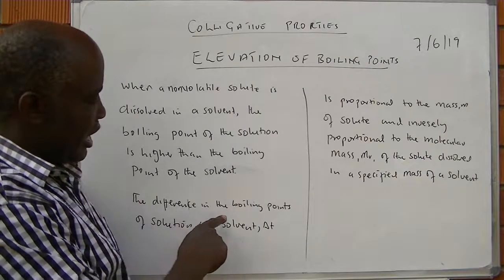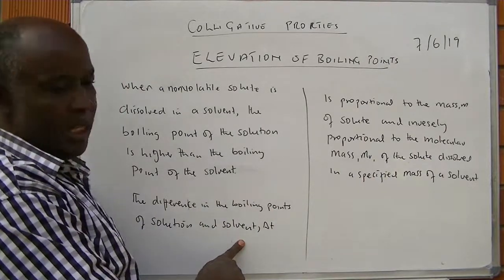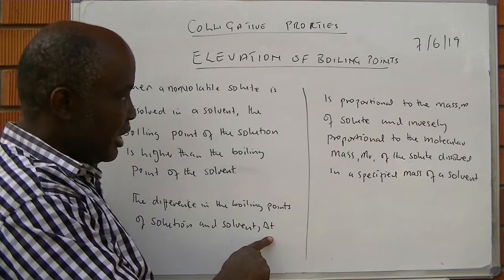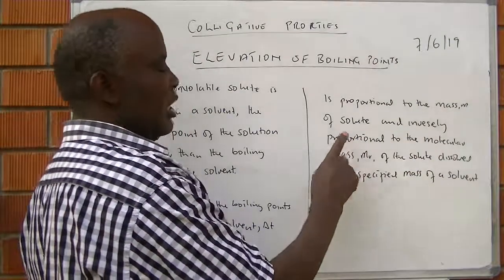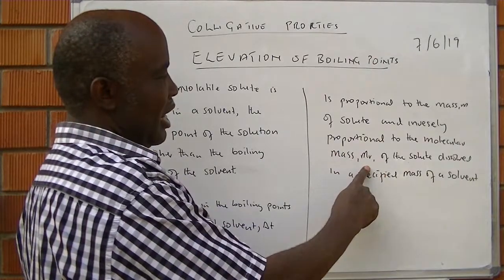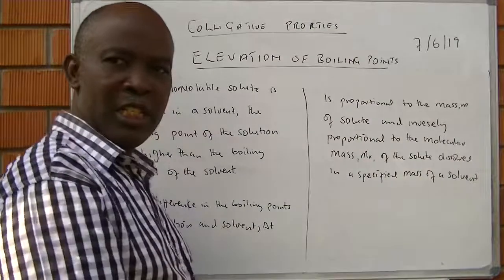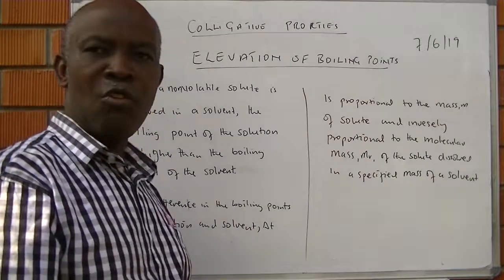The difference in the boiling points of the solution and the solvent, given by the symbol dT, is proportional to the mass of a solute and inversely proportional to the molecular mass Mr of a solute dissolved in a specified mass of a solvent.